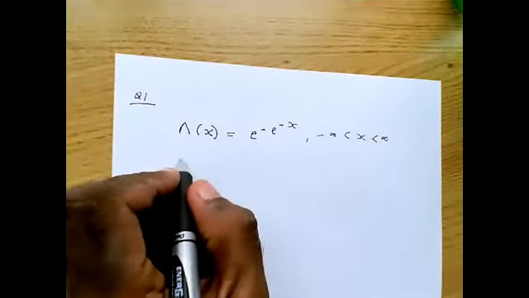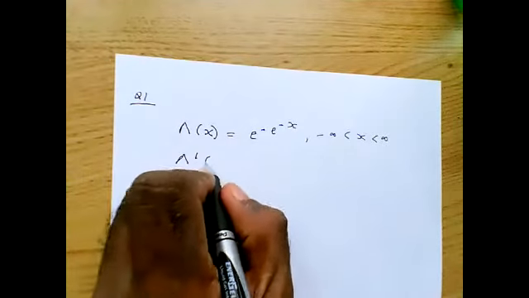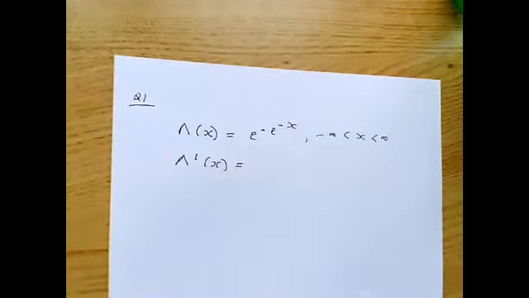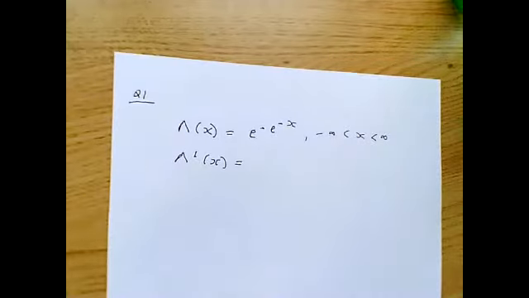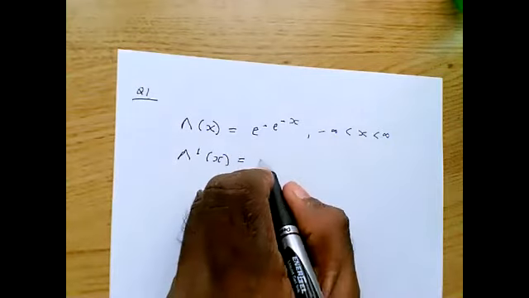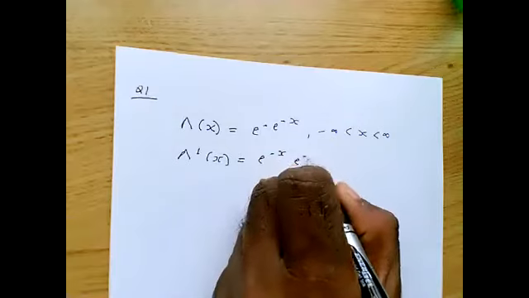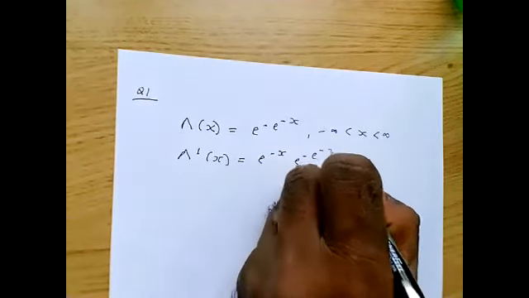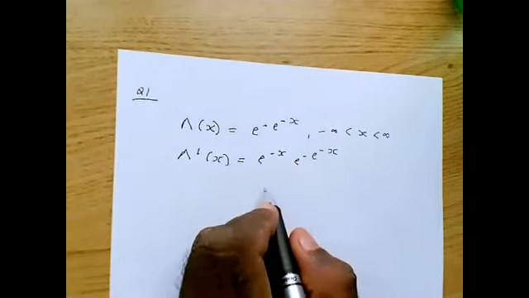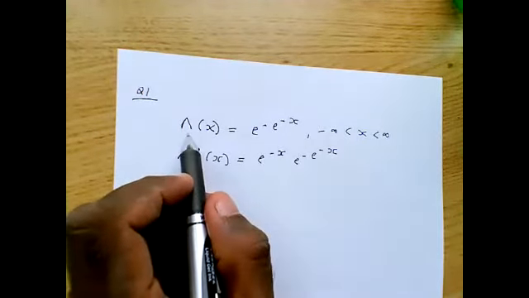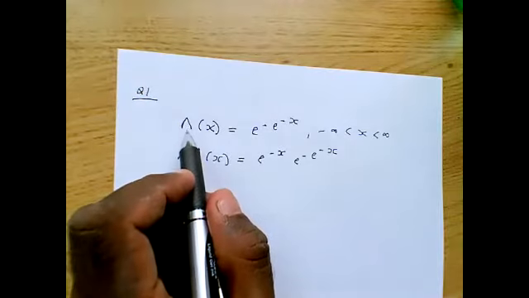Taking the derivative with respect to x gives you this. All right, so this is the derivative of capital lambda, right?